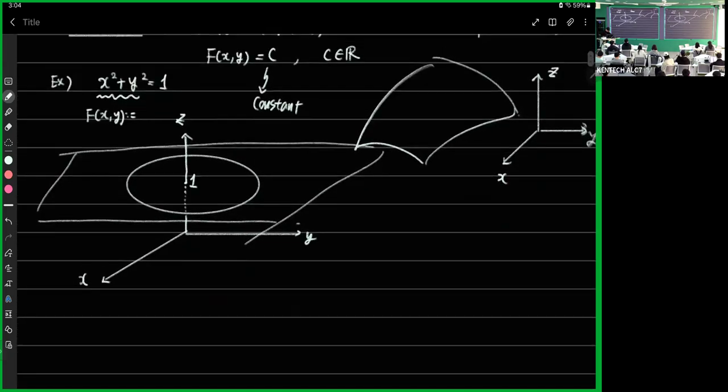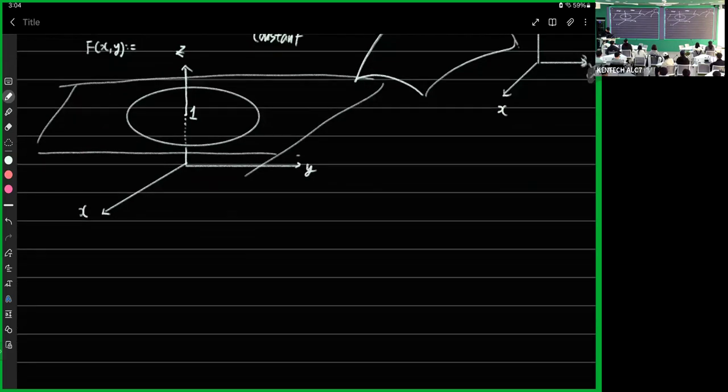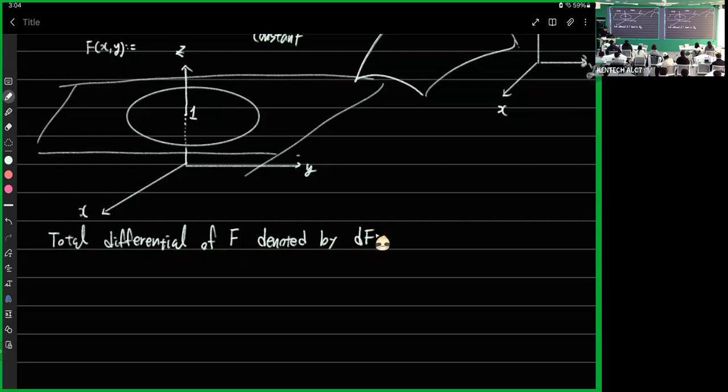Now we take a derivative. Let me introduce the total differential of f, denoted by df, where capital F is the function of multiple variables f of x comma y.